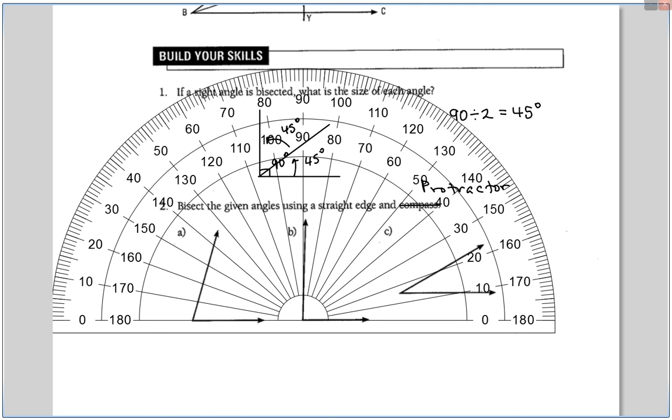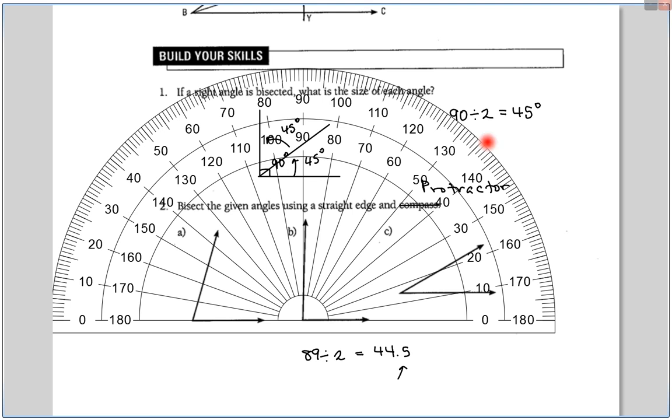So 89 is an odd number. So when I divide that by 2, I'm going to get a decimal. And so the decimal you're going to have to approximate on the protractor. 44 and a half. So 44 and a half would be somewhere in between 44 and 45.